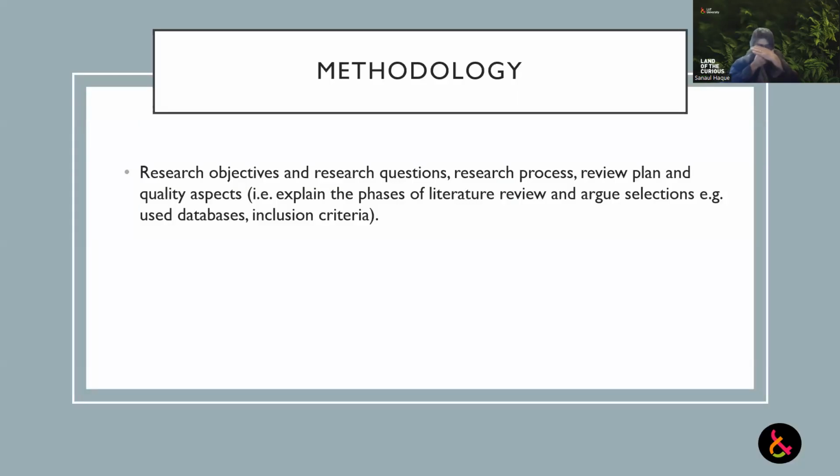So then it comes about the methodology, how you are going to do your work. How are you going to implement your study? This covers the research questions and objectives, telling the research process and the planning for the review, and then what sort of databases you have used.